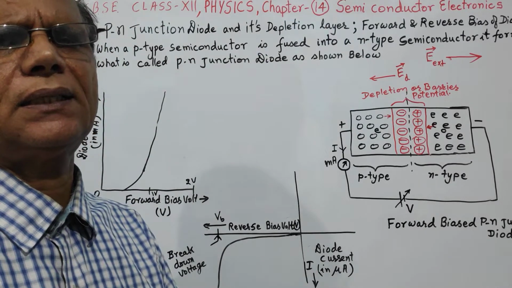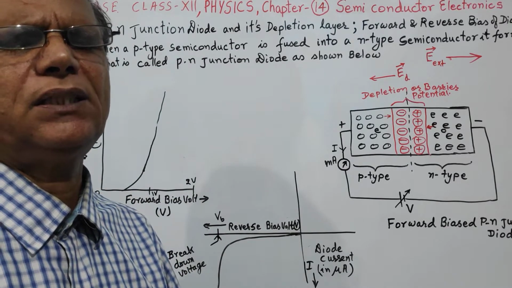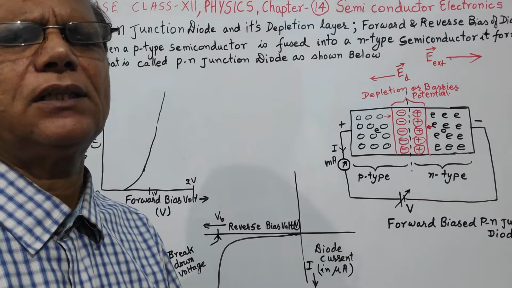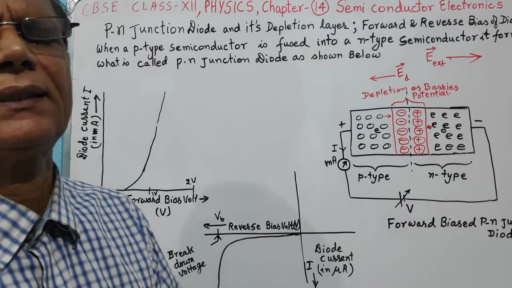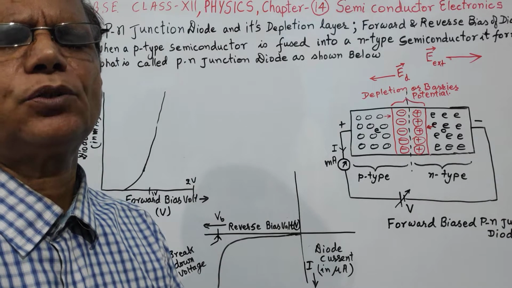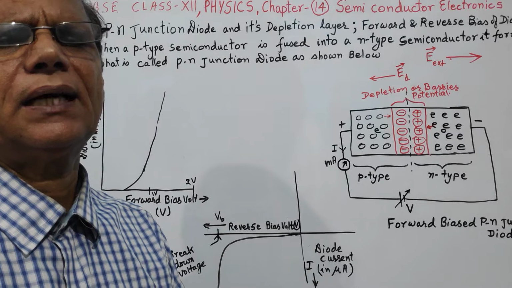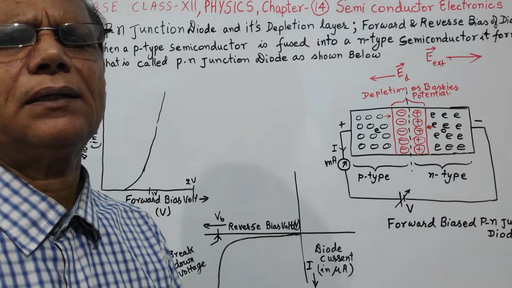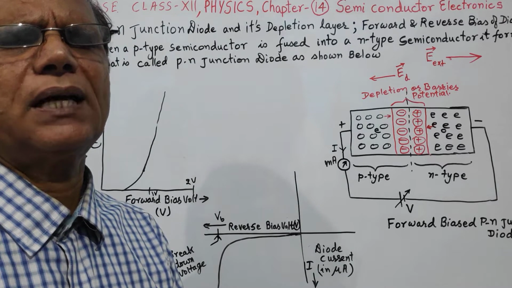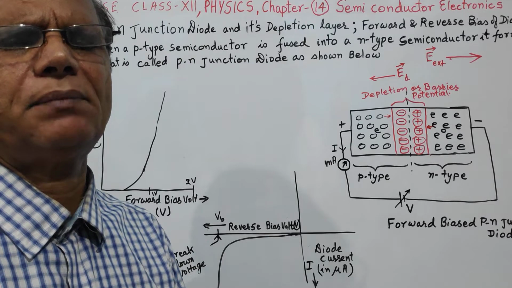When p-type semiconductor is allowed to fuse into n-type semiconductor, practically it is done when heated or molten state of p-type semiconductor is brought in contact with the n-type semiconductor, then due to a slow process, these two fuse into each other, and thereby a layer of positively charged and layer of negatively charged ions are formed at the junction area of these two semiconductors, p-type and n-type semiconductors.